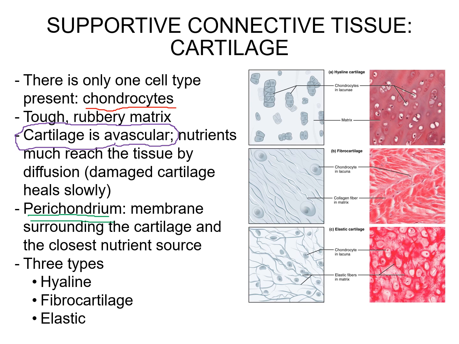So the perichondrium is the membrane, the outer lining of the cartilage, and that does have a decent amount of blood flow. But the cartilage itself does not. So the only way that oxygen and nutrients can get into the cartilage is if it diffuses from this outside barrier, this membrane, called the perichondrium. Peri meaning around.